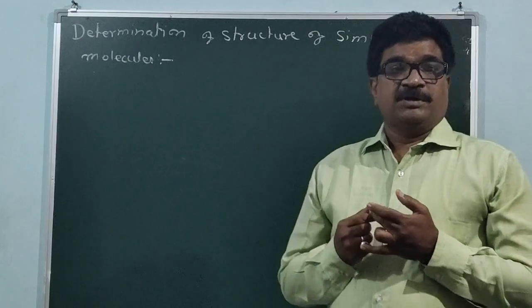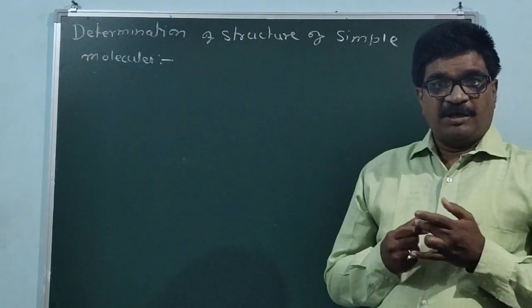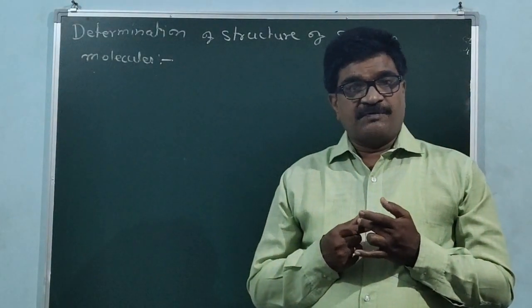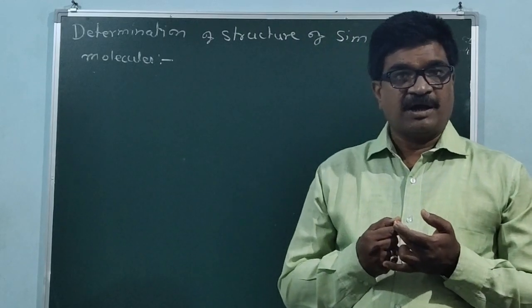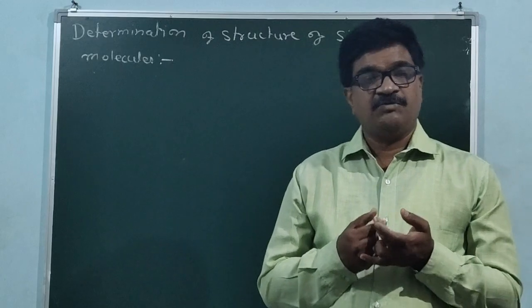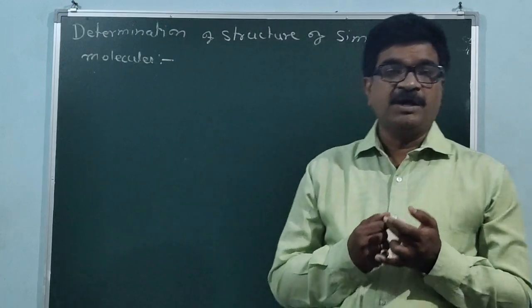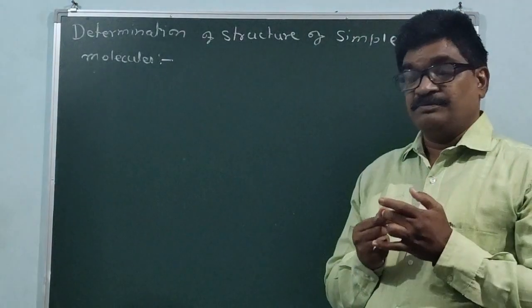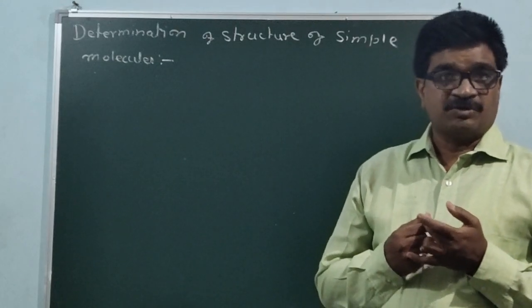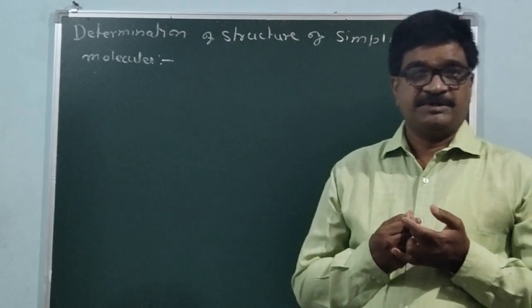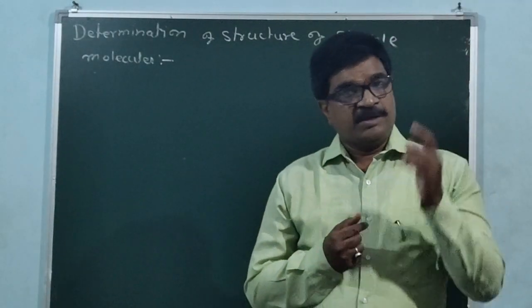Rule number 4: the repulsions of electron pairs involved in multiple bonds are always higher than those involved in a single bond. However, the geometry of the molecule is not so affected by the presence of the multiple bond.